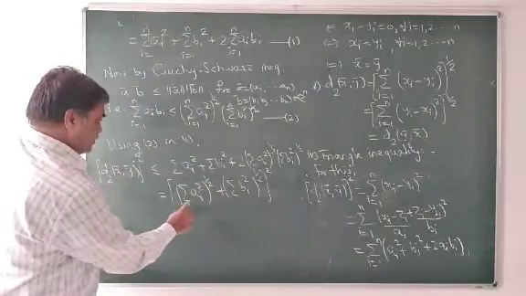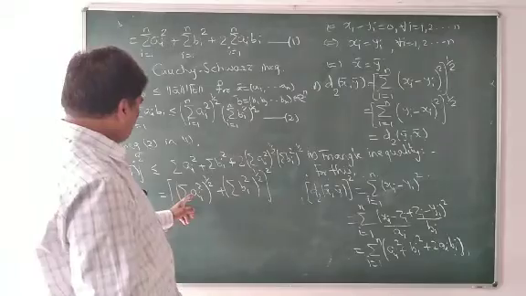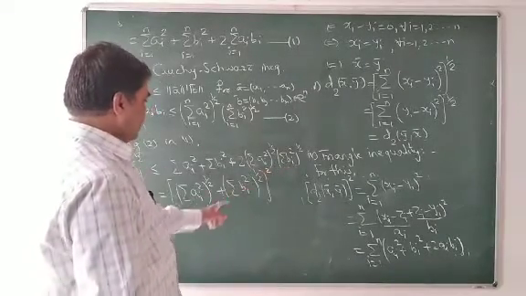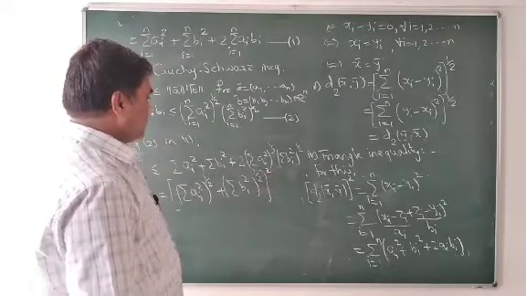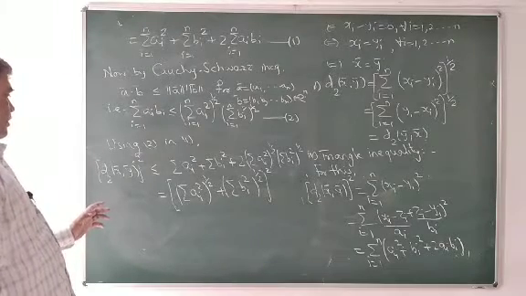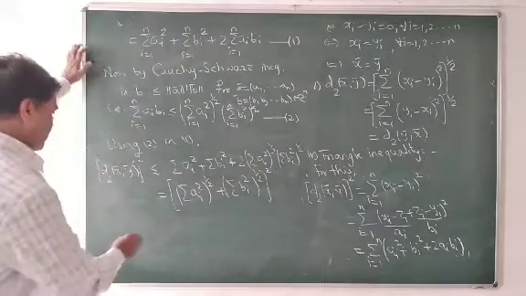Now, this is by substituting ai equal to xi minus zi and bi equal to zi minus yi. But before that, we will take square root.